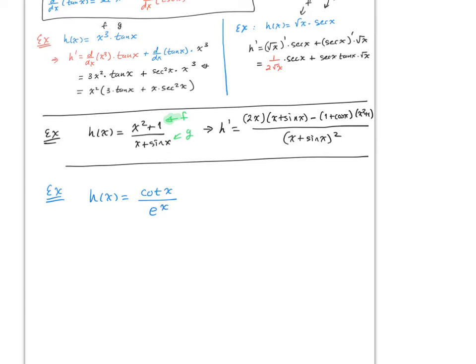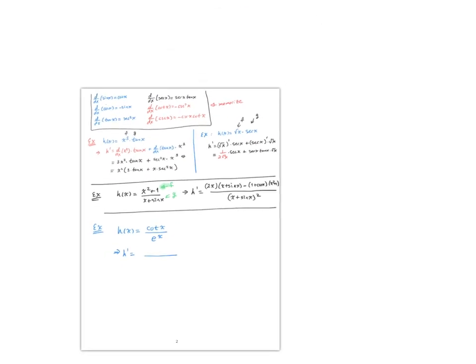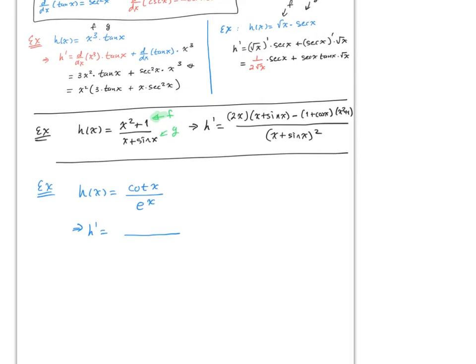So therefore from here we will have h prime, the derivative of cotangent, remember, is minus cosecant squared, so it will be minus cosecant squared x times e to the x, and then minus the derivative of the bottom, which is e to the x, times the top, which is cotangent x, and everything divided by e to the x squared.